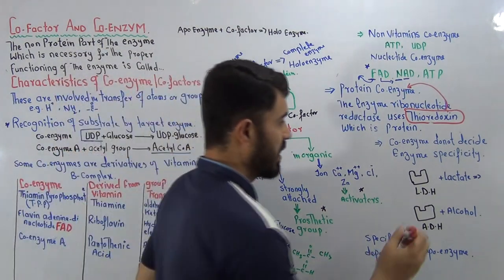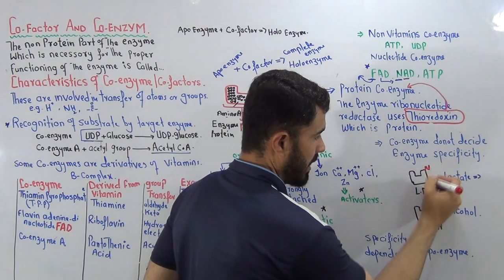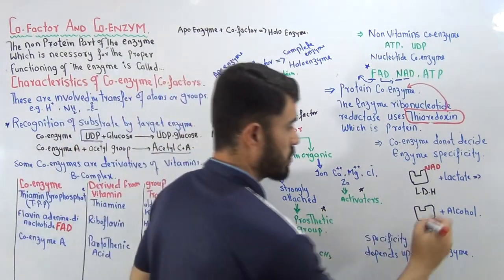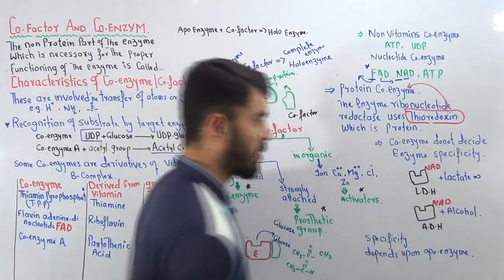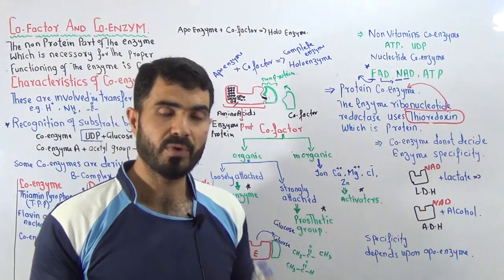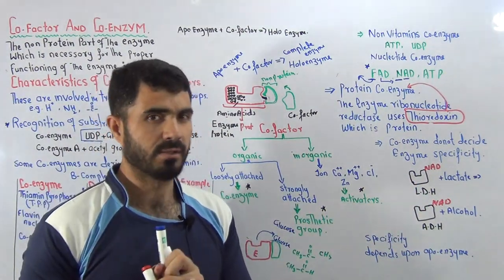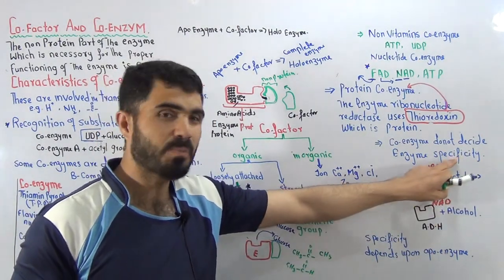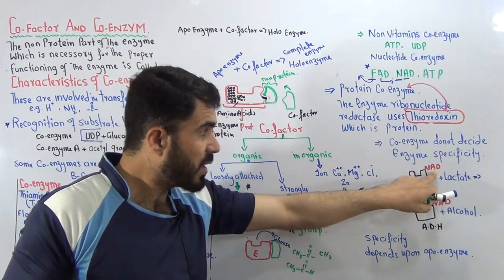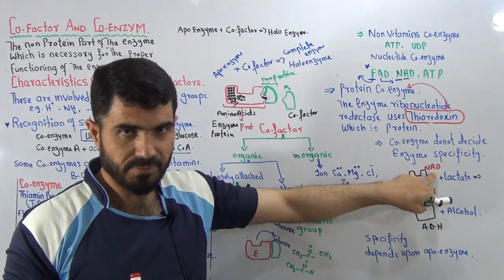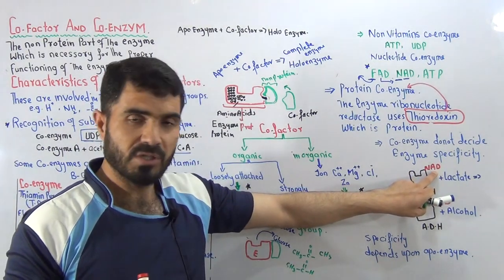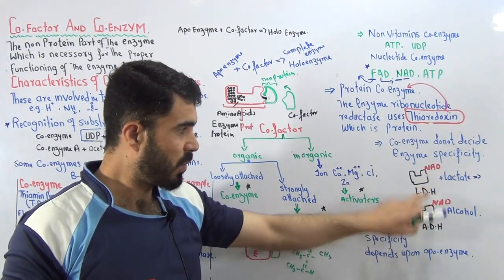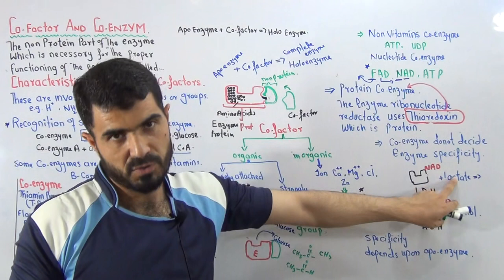Now we can see here that this enzyme LDH uses NAD as a coenzyme, and this also uses NAD as a coenzyme. Both these enzymes use NAD. It means that the coenzyme is not responsible for the specificity. If the coenzyme was responsible for the specificity, then these two enzymes with the same NAD would not act on two different substrates.